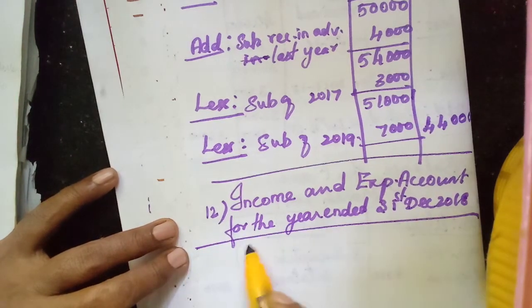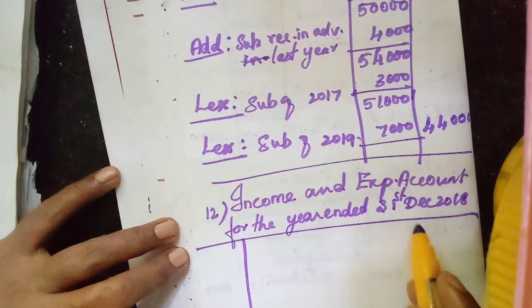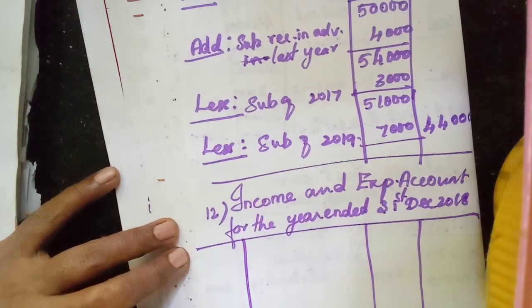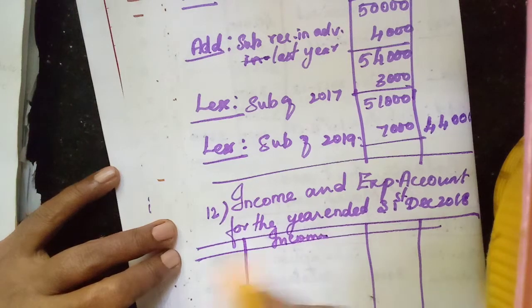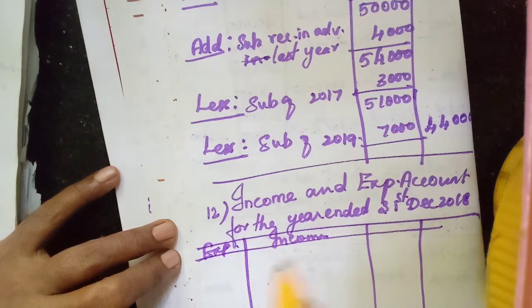Bigger columns we will use. Income here, expenditure here.